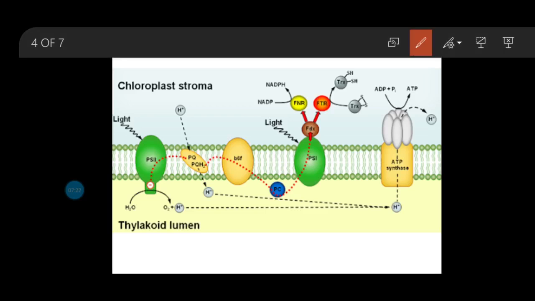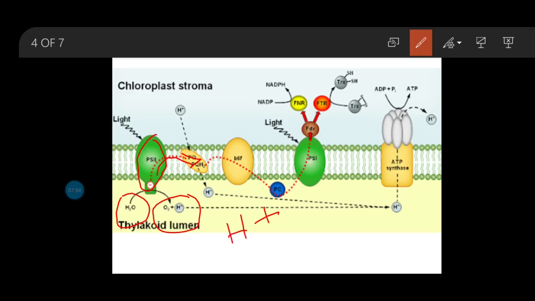Now in this slide we will discuss the ATP generation process in the chloroplast. Now see here, it is PS2, it is absorbing light, and for that it releases its electron, and those electrons are compensated by the breaking of water molecules. Due to the breaking of water, protons, that means H plus, are also generated in the thylakoid lumen.